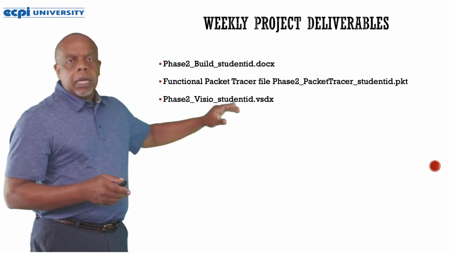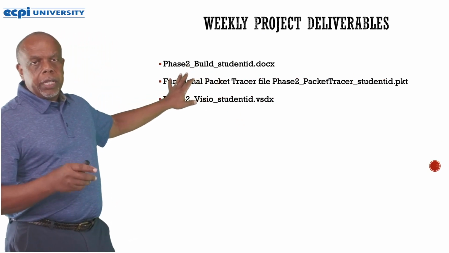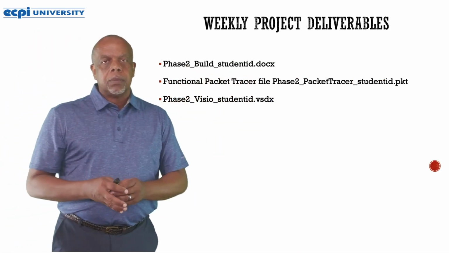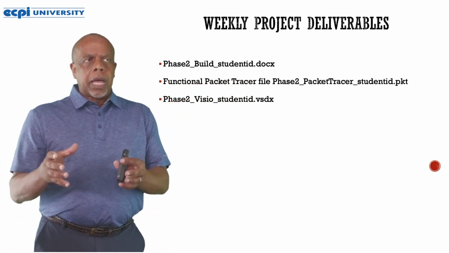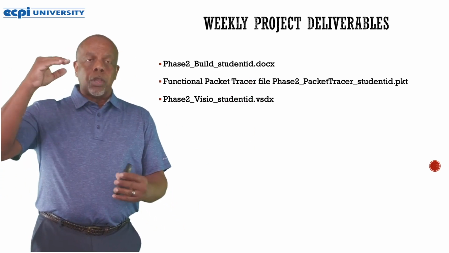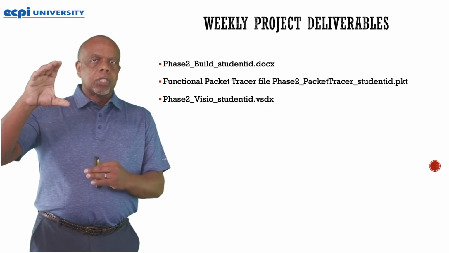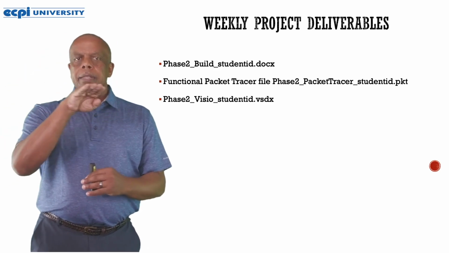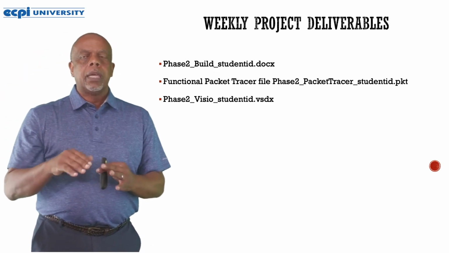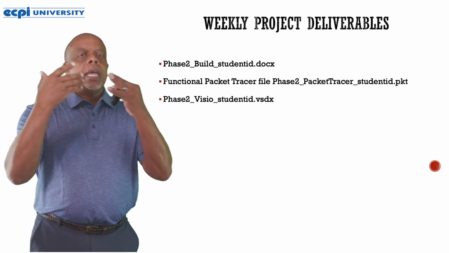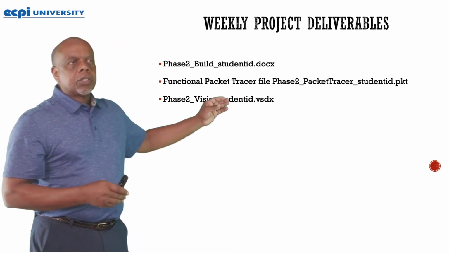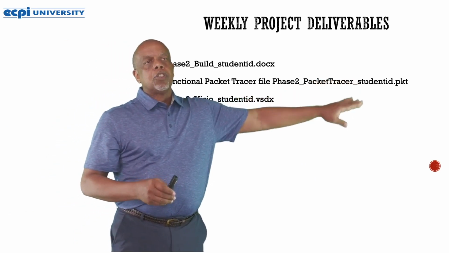Deliverables for this week. Like I said, you have to turn in your phase 2 document. Use the same document that you used for week 1 for phase 1, just start at phase 2 all the way down. You're going to use the exact same document and resubmit that one. Also, you're going to submit your Packet Tracer.